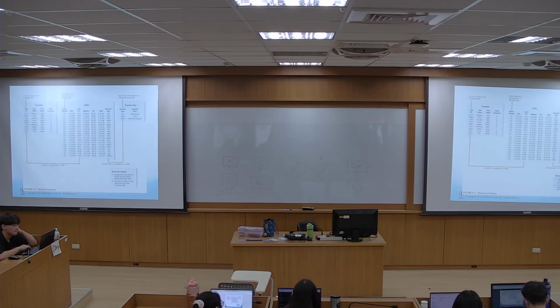This is the same as file processing. I think we can create a table for address and use the customer ID to find the address. So we create another table as address, right? Yes.